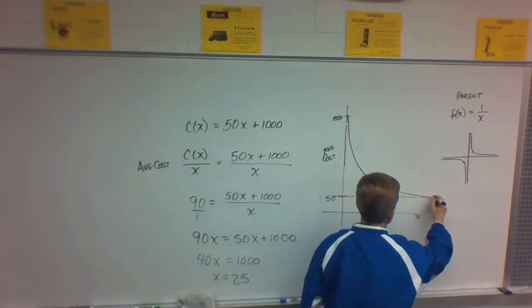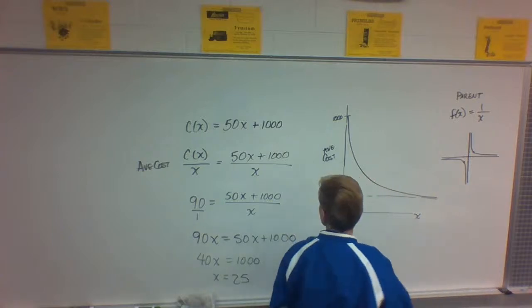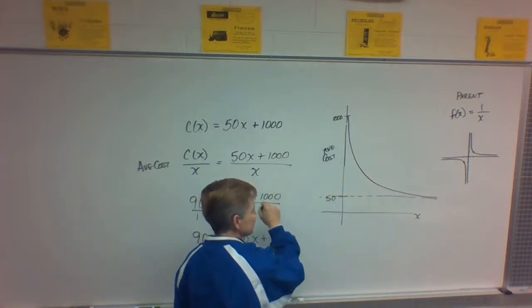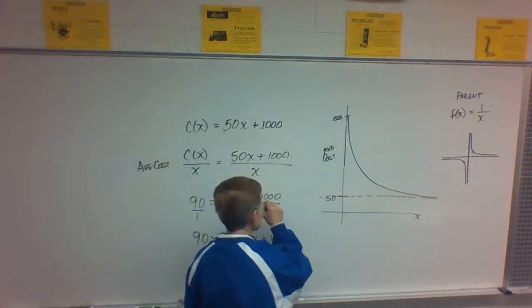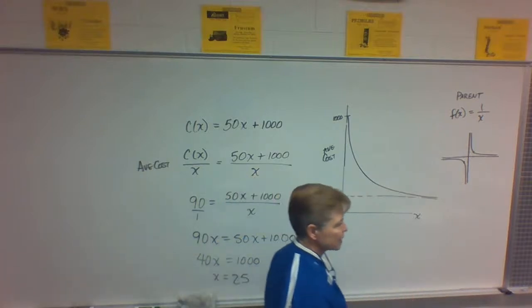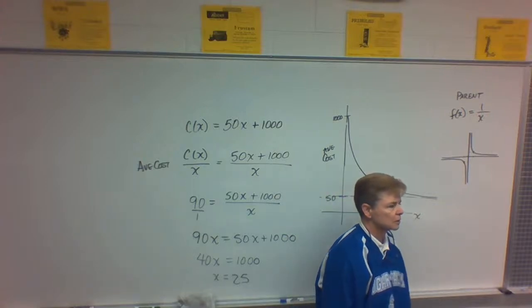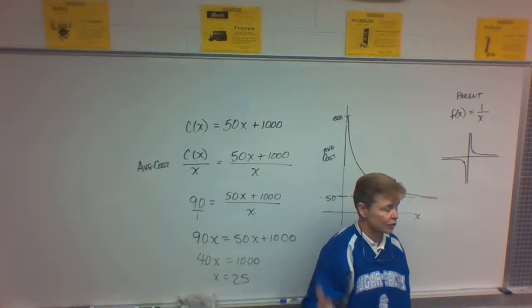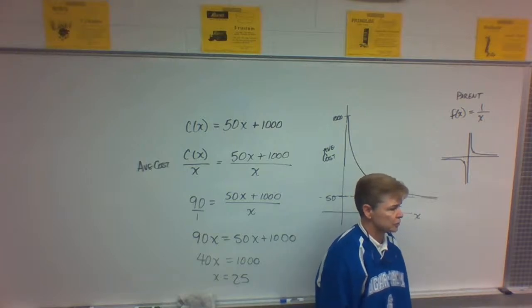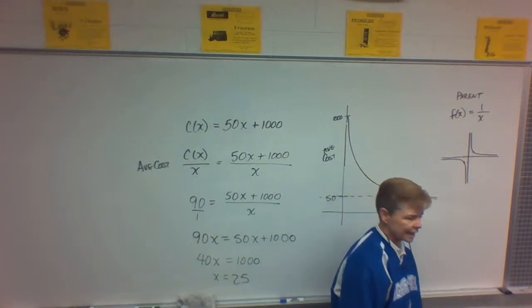But it is approaching $50. It can't ever arrive because you have to keep sharing this printer expense among each one that you make. And the more you make, the less it is per printer. But none of them can ever be less than $50. You see? The more you make, the more the average cost approaches $50 each. But it can't get below that.